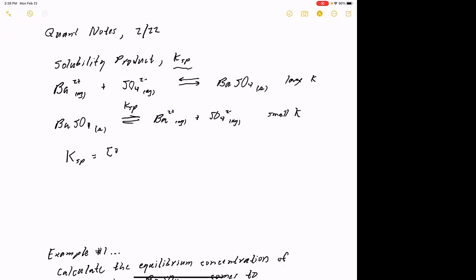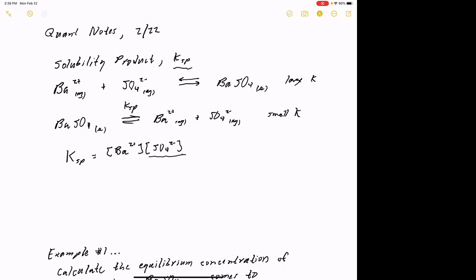Okay, so I'm talking about a molar concentration of barium 2 plus at equilibrium. Remember, these are equilibrium concentrations, times the sulfate ion concentration, and these are all raised to the first power because the stoichiometric coefficients are 1.